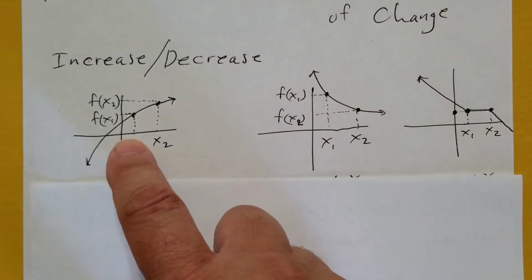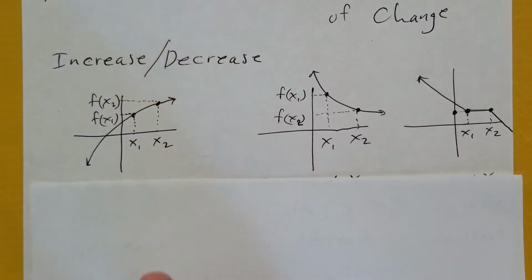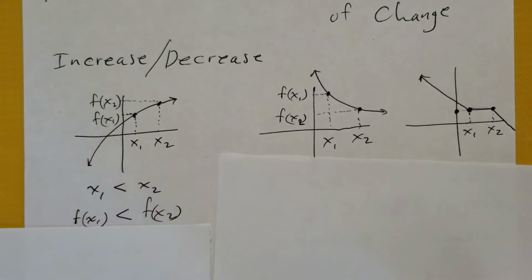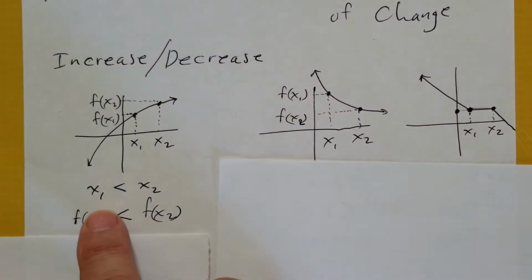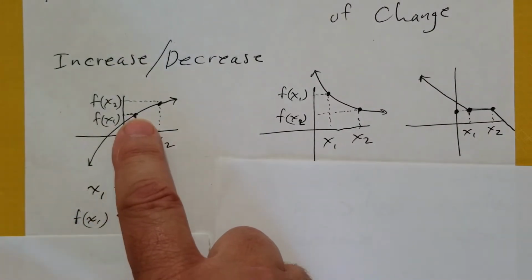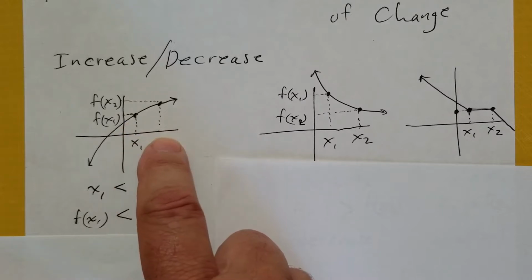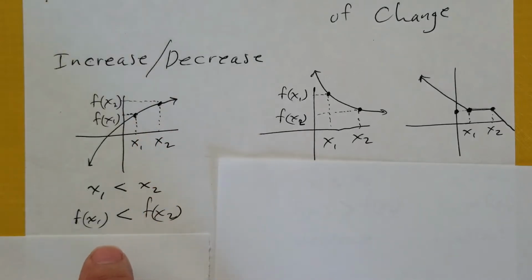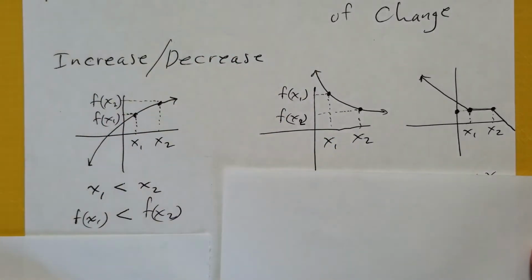Now, what's actually happening when it's increasing? Well, if your first x is smaller than your second x, like for example, this is 1 and this is 3, and your graph goes from small to big as well, then it must be increasing. Right? That makes perfect sense.